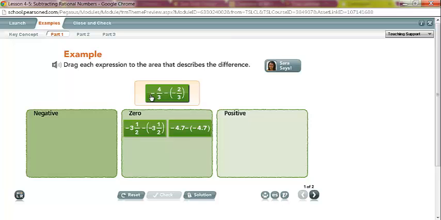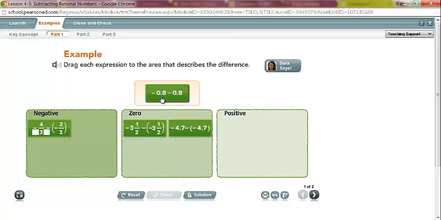Now if I have negative 4/3 minus a negative 2/3, this is going to become a positive. So now I have to ask, which one of these is going to have the greater absolute value? Negative 4/3 or 2/3? Think about it. That's right, this is going to have the greater, so we know it's going to stay negative.